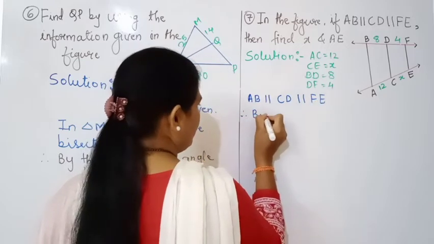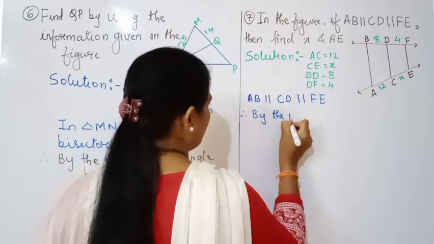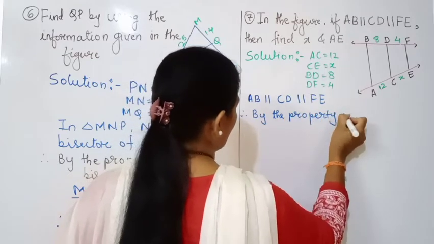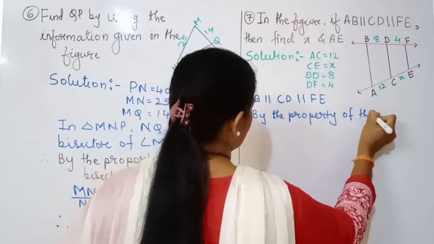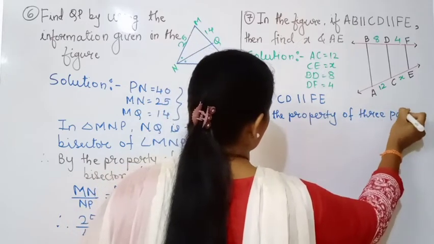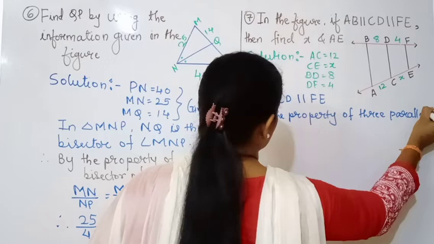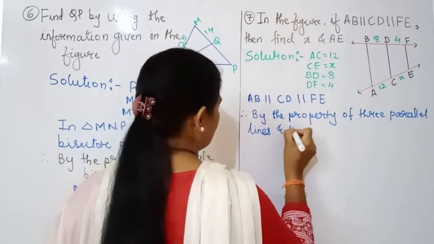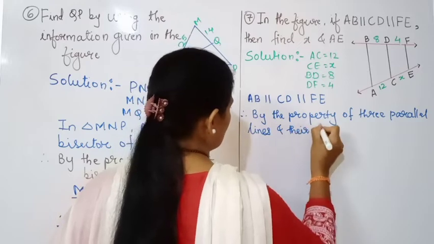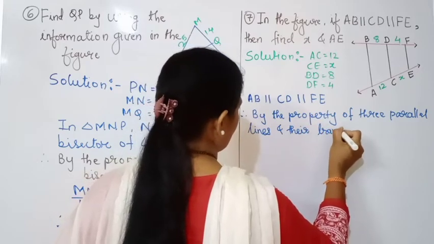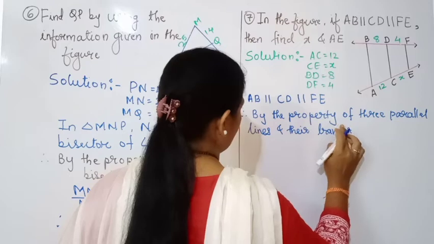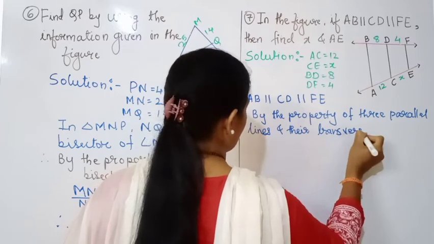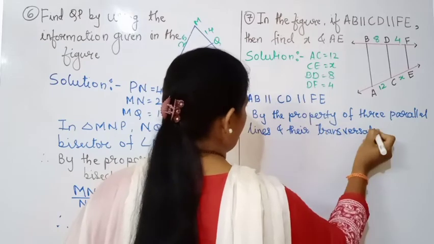Therefore, by the property of three parallel lines and their transversals, we get the ratio.